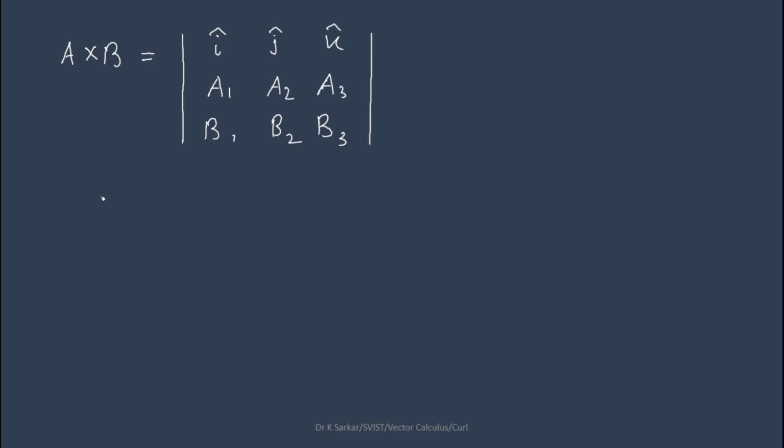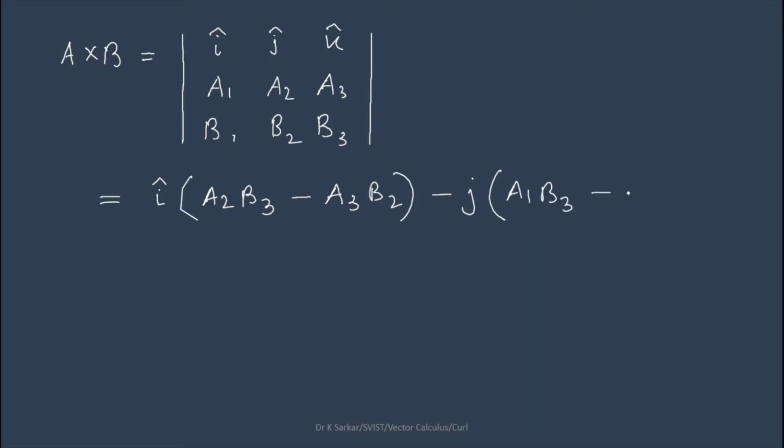Let us expand this determinant. i times (A2 B3 minus A3 B2), minus j times (A1 B3 minus A3 B1), plus k times (A1 B2 minus A2 B1).